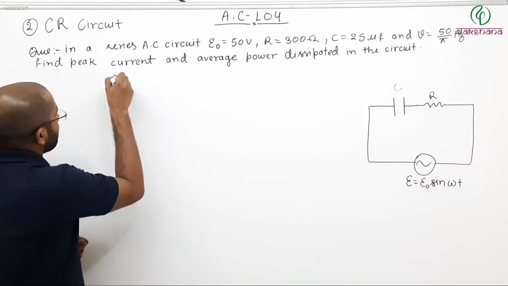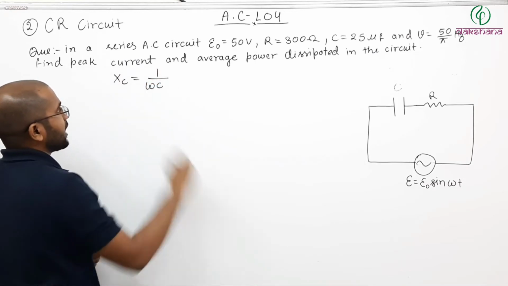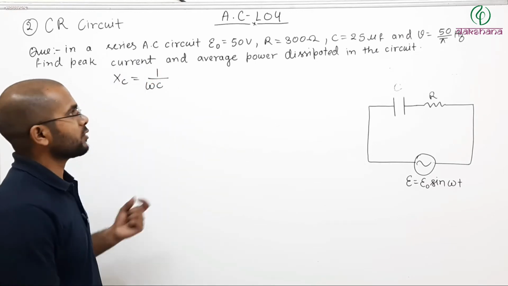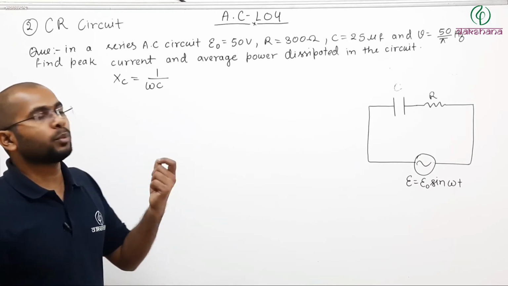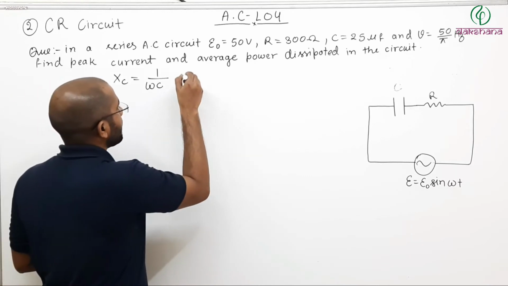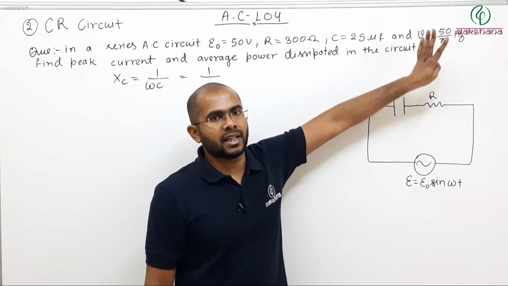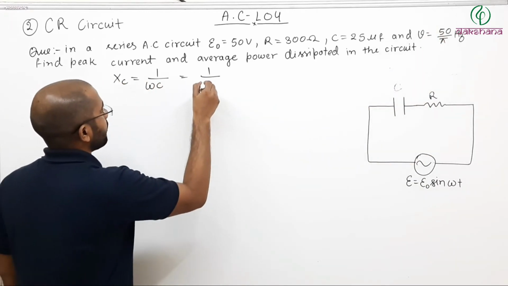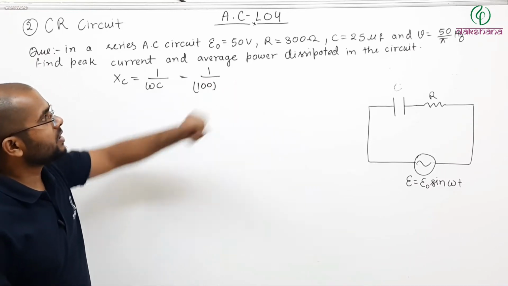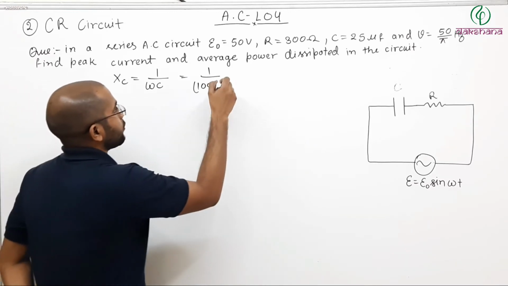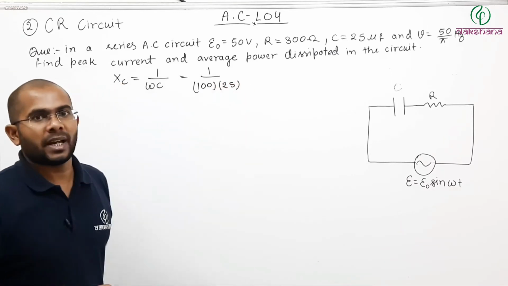So XC is nothing but 1 by omega times C. And what is omega? Omega by 2 pi is frequency. So omega is nothing but 2 pi times the frequency. So that would be 1 by 2 pi multiplied by 50 by pi. Pi cancel, that would be 100 times C. C is 25 microfarad, so 25 times 10 to the power minus 6.